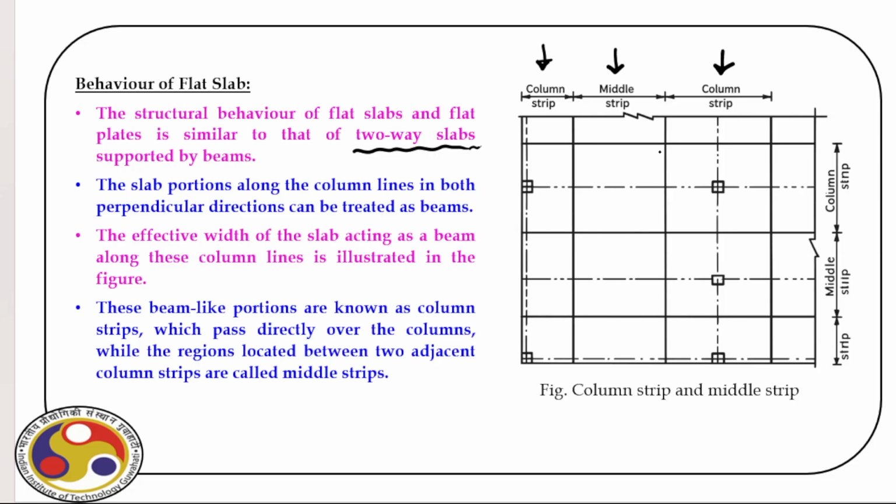Here also we will see in a minute how we can evaluate the bending moments in two different directions and accordingly find the steel requirements. Now, the slab portion along the column lines in both perpendicular directions can be treated as a beam. This is important. So if you have a column strip, as you can see here, this is the column strip.